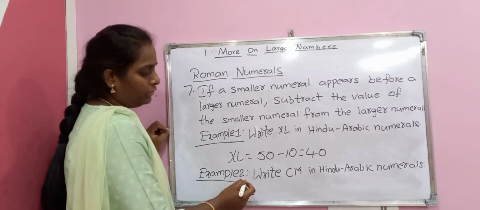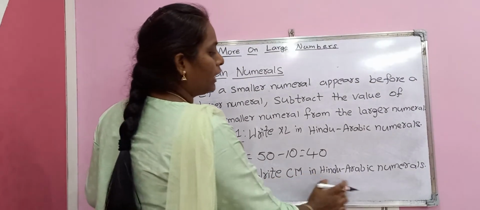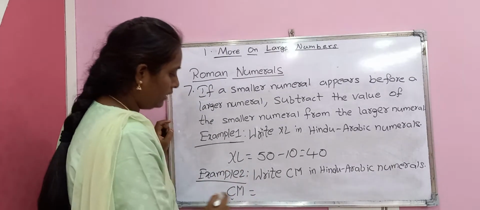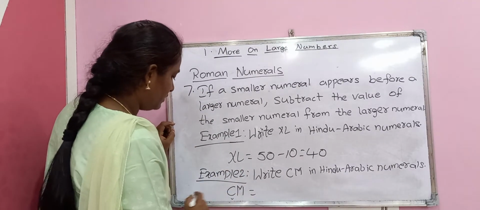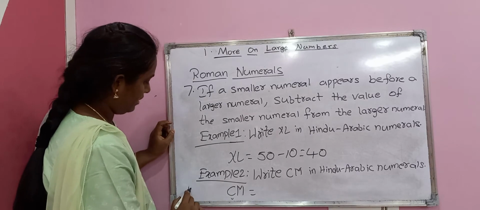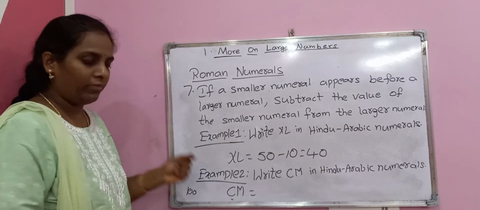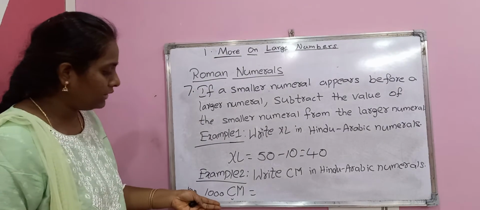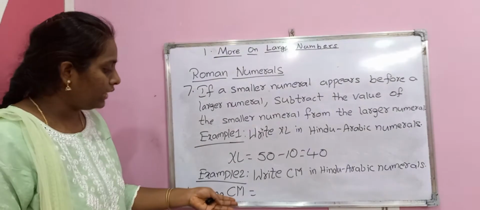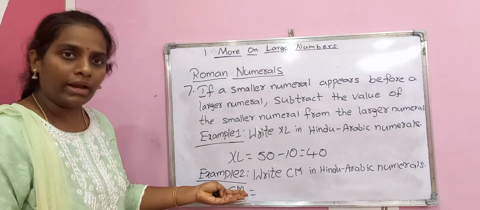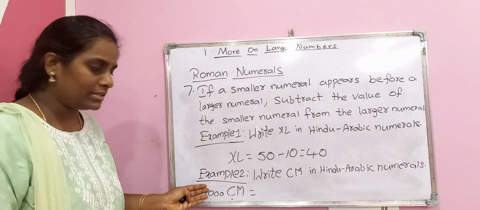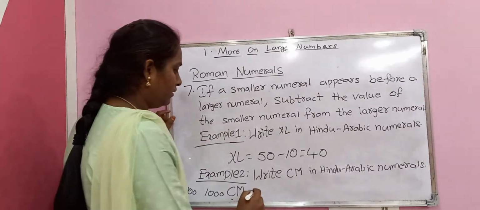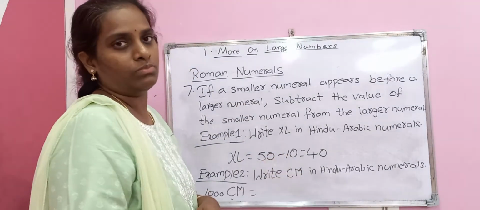Next, example 2. Write CM in Hindu-Arabic numeral. Okay, CM. What is the C value? C value is 100. What is the M value? 1000. So 100 is smaller than 1000, meaning C is smaller than M and C is before the M. So we should do subtraction from larger to smaller.